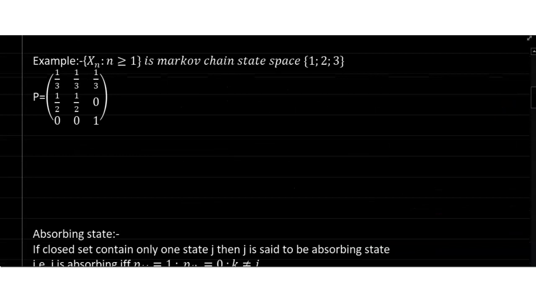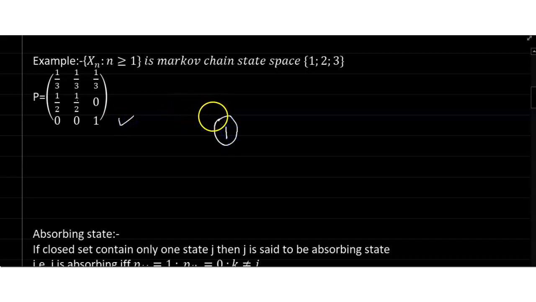Now we will solve another problem, which is an example of reducible. You see that P is equal to 1/3, 1/3, 1/3, 1/2, 0, 0, 1, 0, 1.